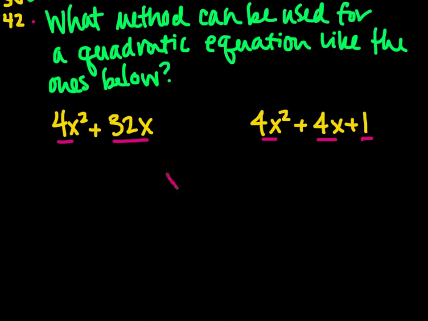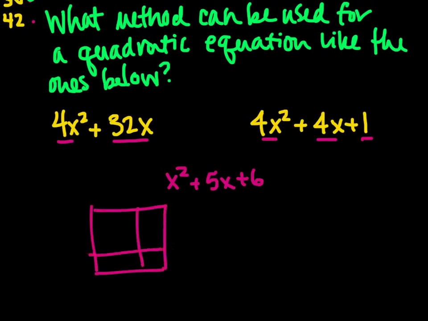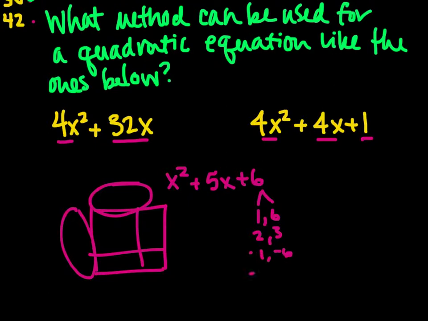If we had x squared plus 5x plus 6, we can either go the route of making that rectangle and finding the side lengths and figuring out the factored form. We could also go the route of saying, okay, what are the numbers that multiply to get 6? 1 and 6, 2 and 3, and we could also look at negative values of those, -1 and -6, and -2 and -3, and then looking at that, which ones of these add up to get me 5?